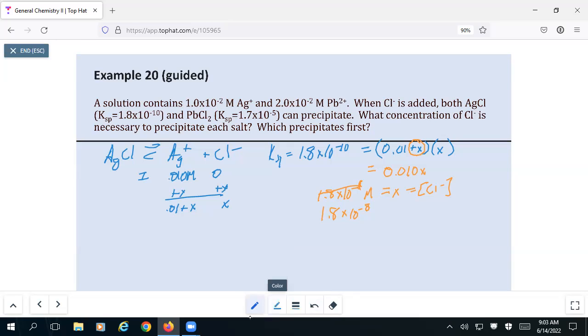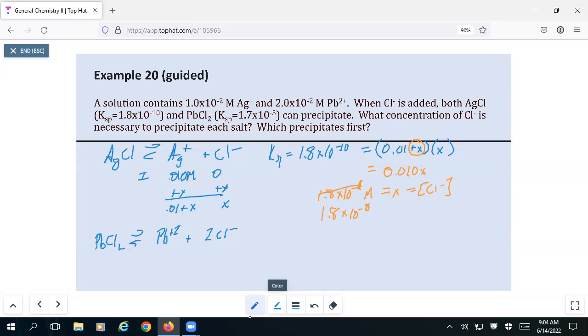For the lead, similar kind of idea, but we do have to keep in mind that there are 2 chlorides, and this is why we can't just simply judge it by the Ksp values.